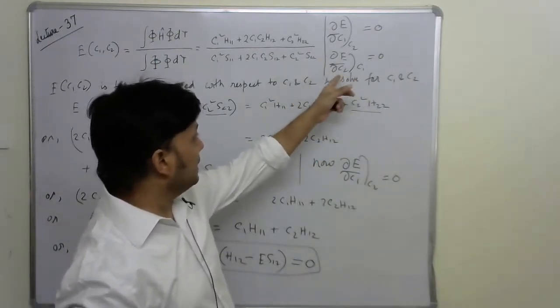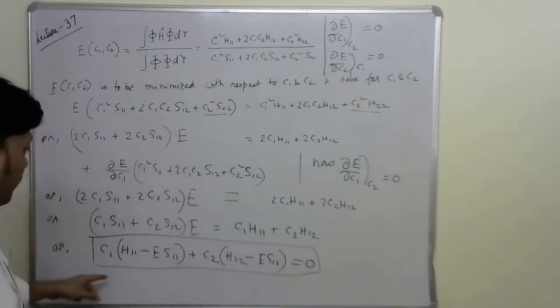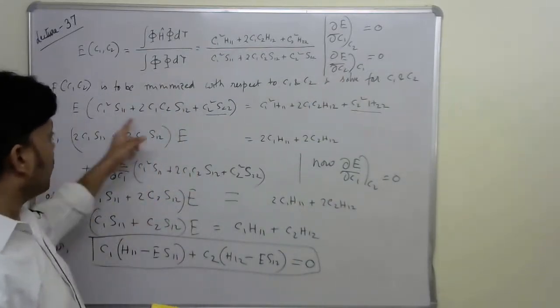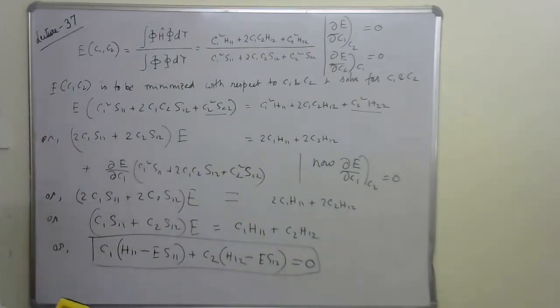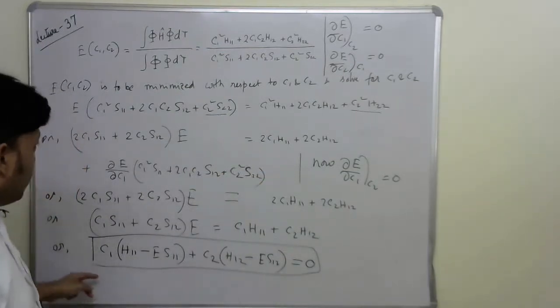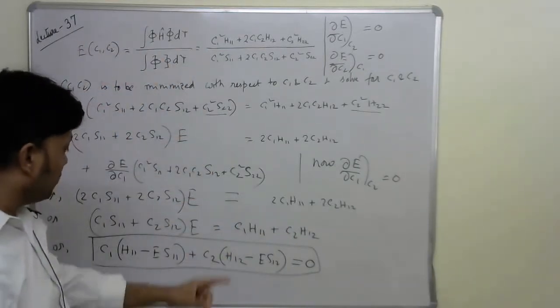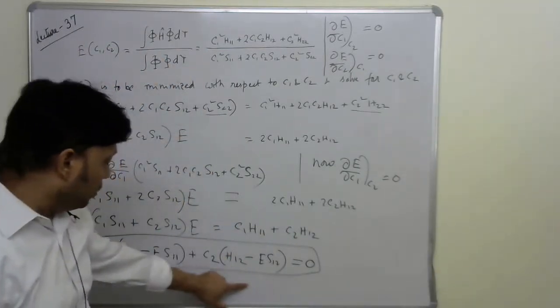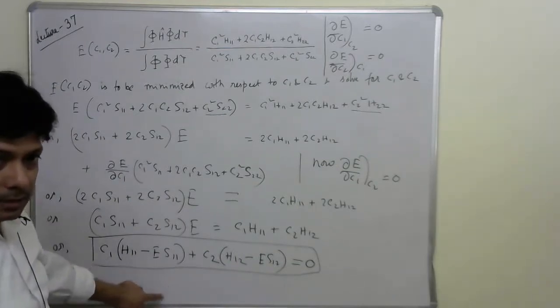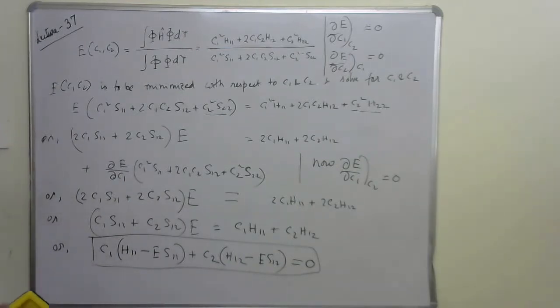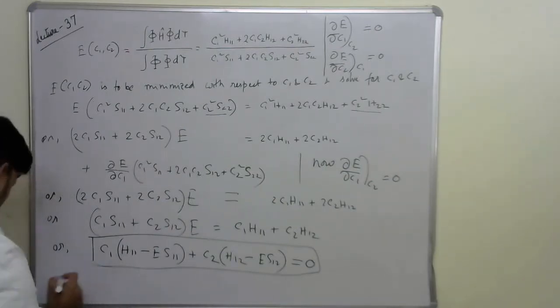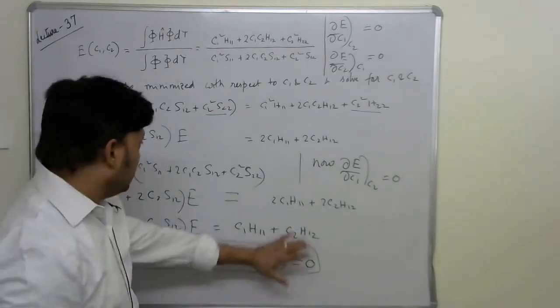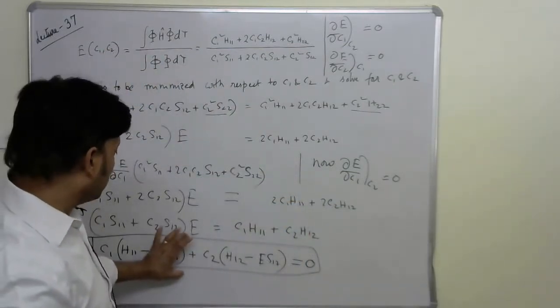So by setting del E del C2 equal to 0, we have to find another equation like this. So the question is, how can we find that? If we do the same treatment, we will find another equation which we can easily guess. If we do our things correctly, we will end up with something like this. It's better I erase this board and write the two equations freshly over there.